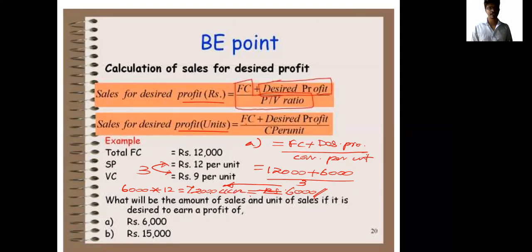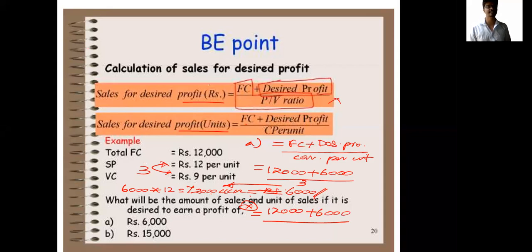Or otherwise, how can we get the value? Second method: we can adopt this equation. Fixed cost 12,000 plus 6,000, divided by PV ratio.